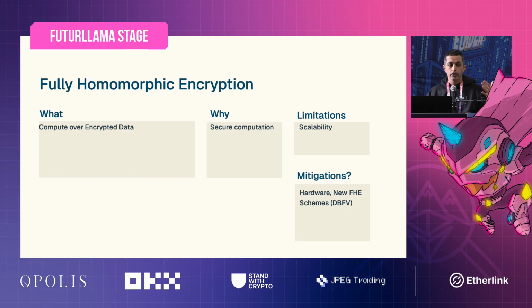It is definitely slower than the likes of trusted execution environments, even though there has been a lot of progression, both in hardware, running it on CPUs, FPGAs and ASICs that make it significantly faster than before, as well as newer FHE schemes, like the one that we released like 2 weeks ago, that make it significantly faster. So in that regard, there's going to be a significant trajectory of even faster fully homomorphic encryption operations into the future.